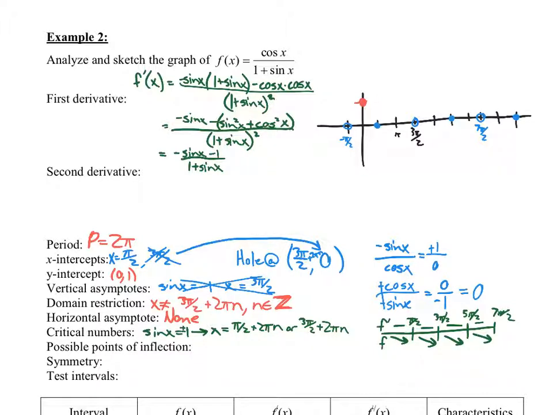So this, where sine is 1, we must have been correct originally in stating that there was actually going to be vertical asymptotes when x is 3 pi over 2 plus 2 pi n. So all of these actually are going to be asymptotes.